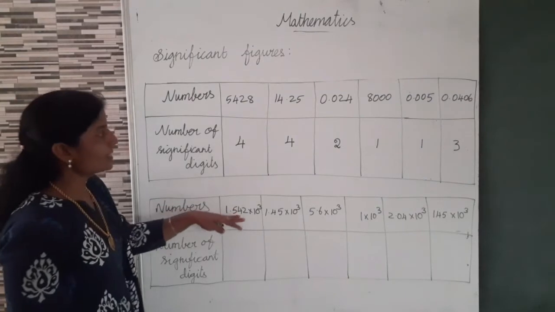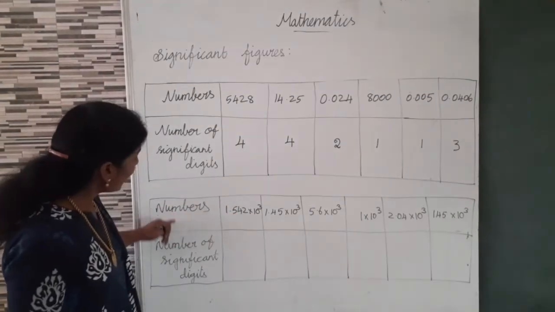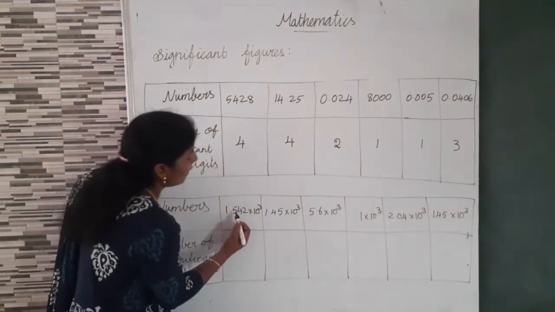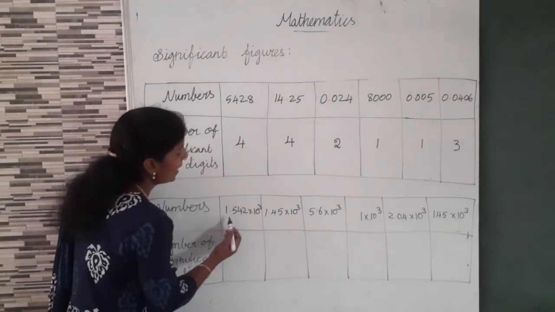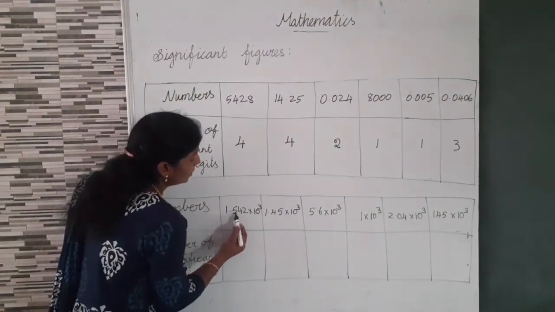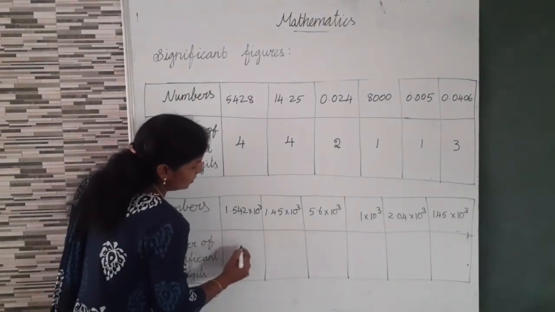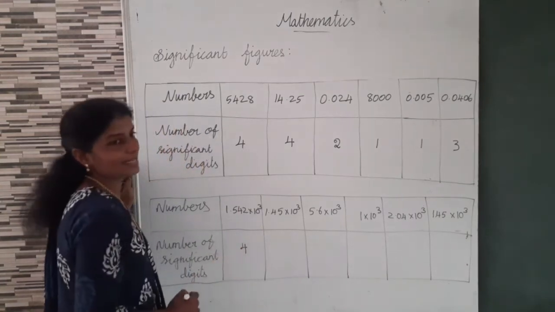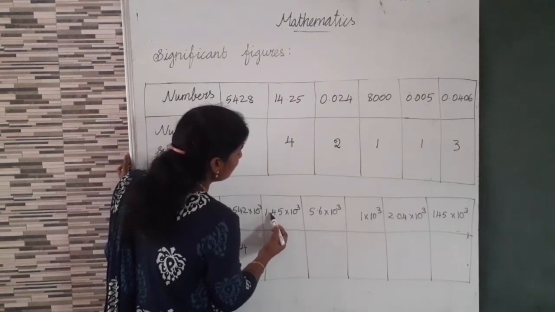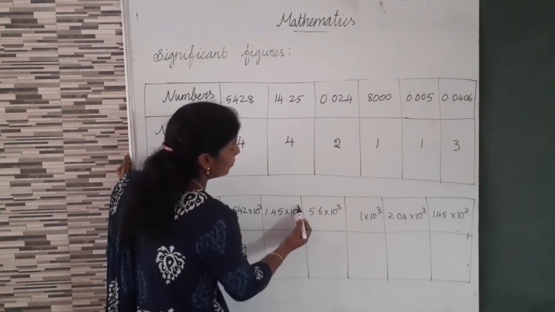Now this is the decimal number. Numbers of significant digit. Now 1.542. Isn't it? After the point and before the point we have non-zero digits. So we can add 1, 2, 3, 4. So 4 significant digits. Okay. Now here 1 into 4, 5 into 10 cube.